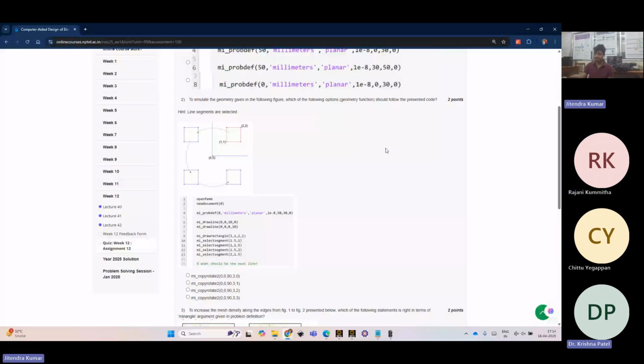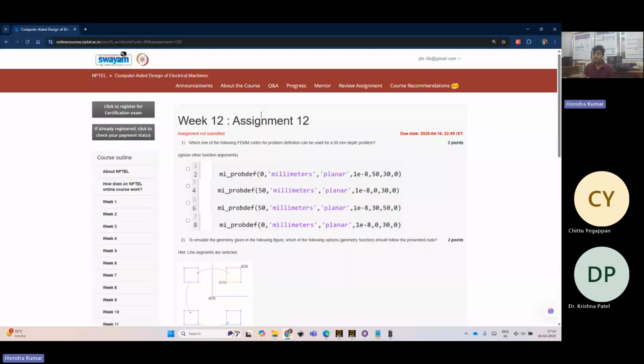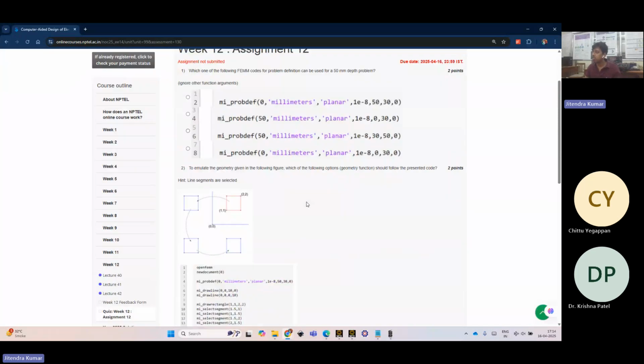Sir, I have one question. The answers which we have, we have confusion about the correction in the assignment. After what time can we get this correction? Let me write about this also.